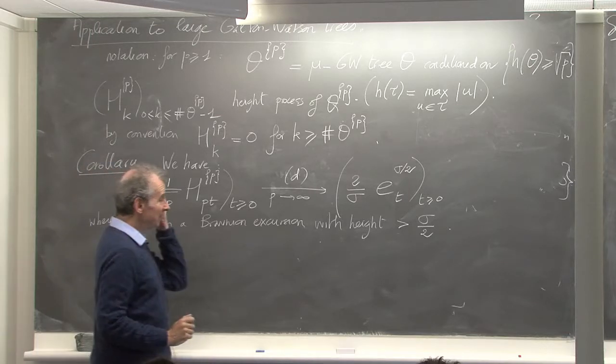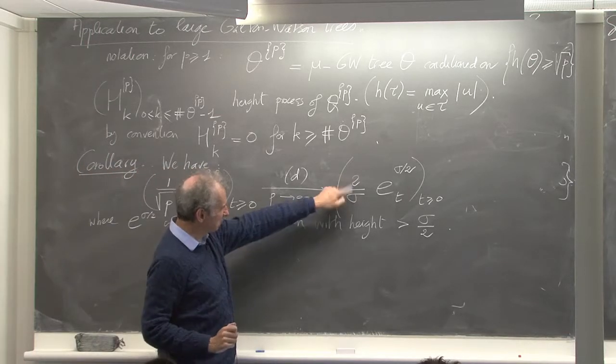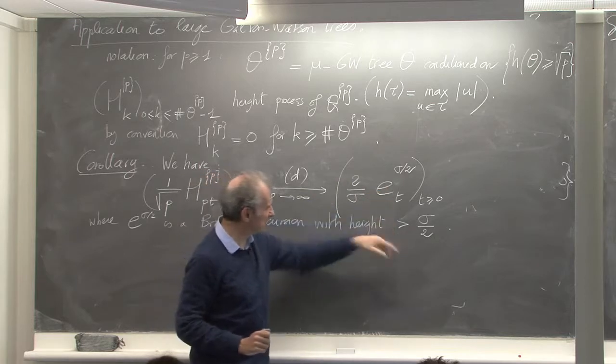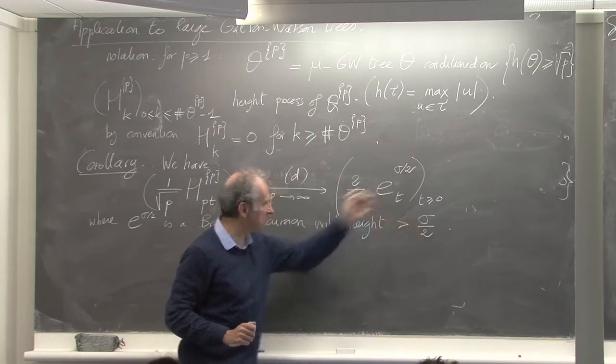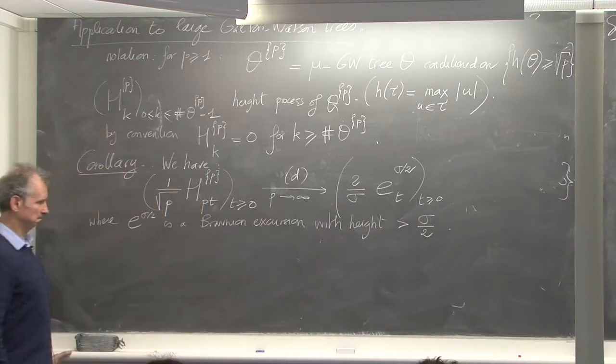As you multiply here by 2 over sigma, once you multiply by the constant, it will have height greater than 1, in fact, which is what you want to get.